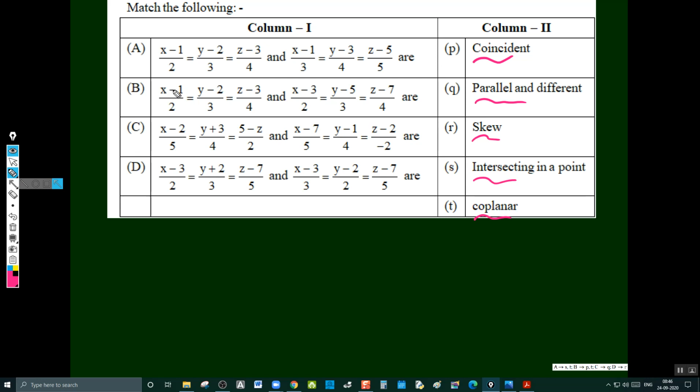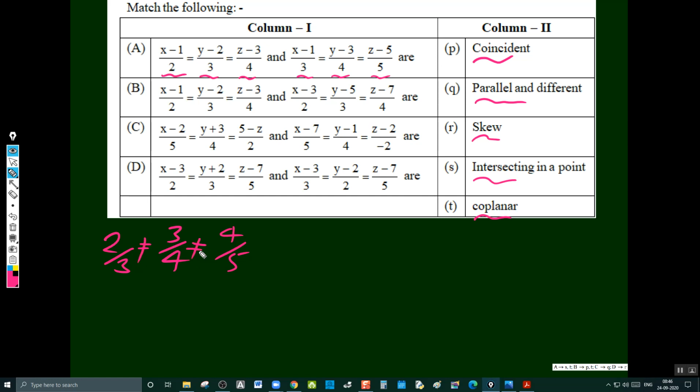And here, one more thing: mainly you have to see the DRs of the line. Here you can see 2 by 3. They must be proportional if they are parallel, first of all. 2 by 3, 3 by 4, 4 by 5, and they are not equal.